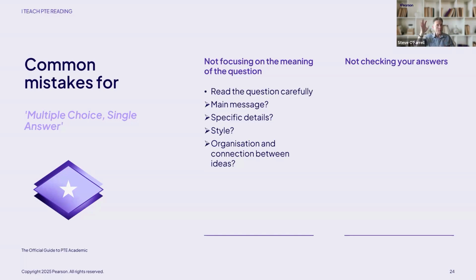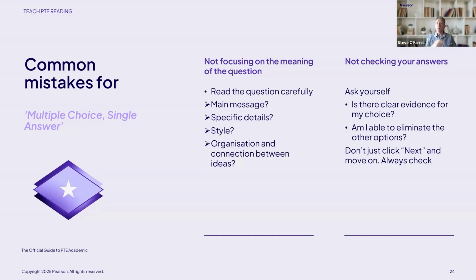So it might be slightly different from the main message. And finally, it might be about the organization and connection between ideas. These are all the sorts of clues that might be available to you, the test taker, in the actual question before they jump into the meaning of the text.